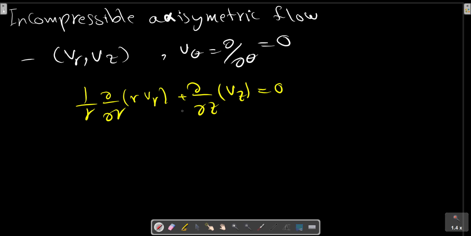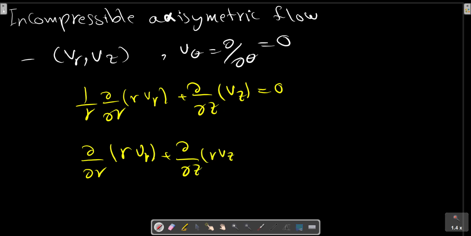This doesn't seem to work. Can't we get rid of the one r outside? But when we realize that r and z are independent coordinates, this relation can be rewritten as a function of r and z.